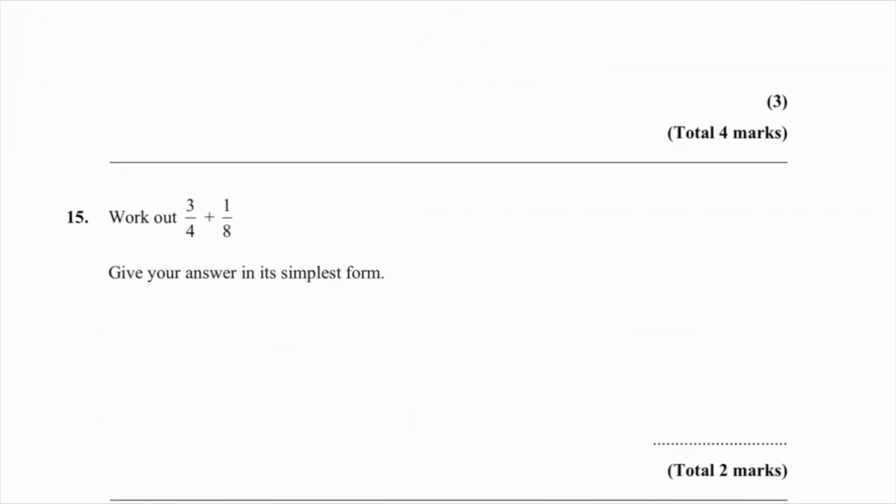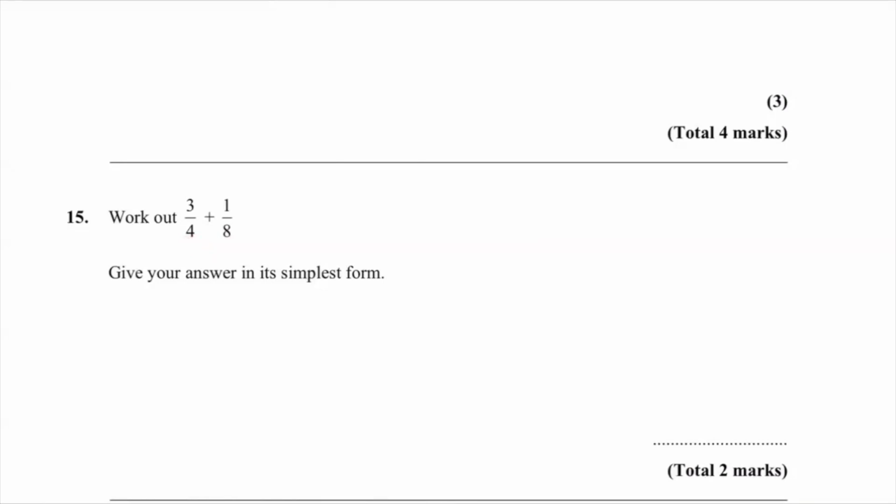Okay, question 15. We've got a fractions question. Now, there's obviously more than one way. There's lots of methods out there. So you may be using your smashed window. You might be using butterfly. Because this particular question, if I look at the denominators, I can get these denominators the same really just by multiplying this one through by 2.